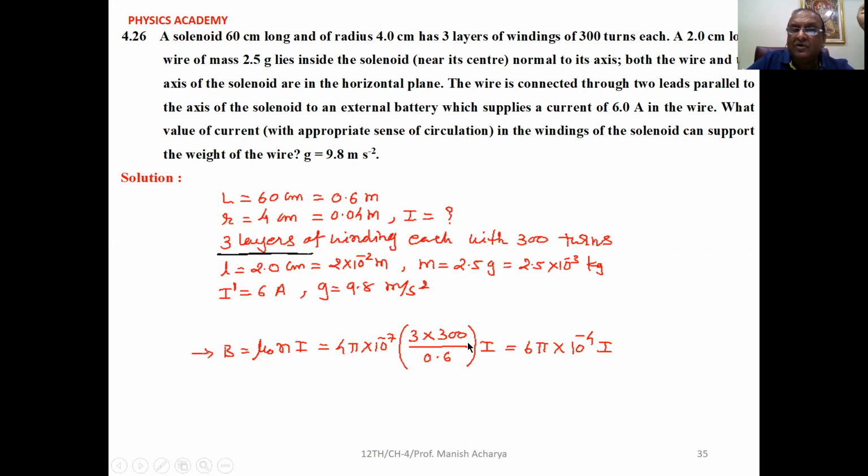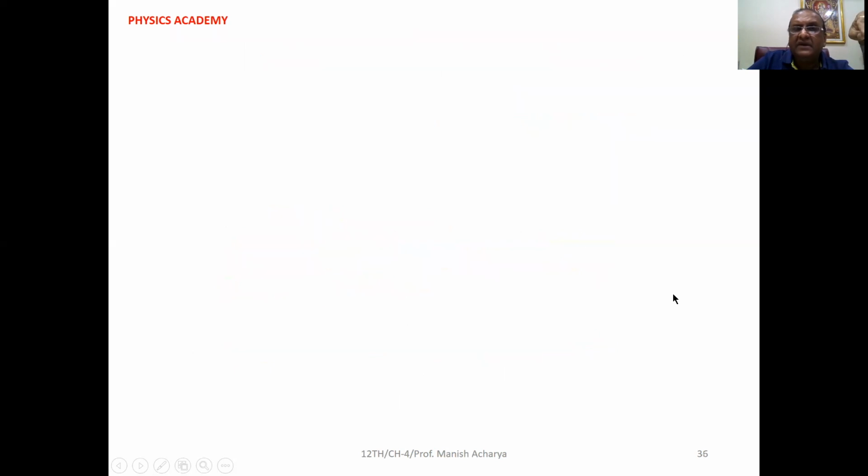So total number of turns, that is 3 into 300 divided by total length of the solenoid. So that will give you number of turns per unit length. Current passed through the solenoid, that we have to find. So keep I as it is. So here your answer, that will be 6 pi into 10 raised to minus 4 I. That is your B.